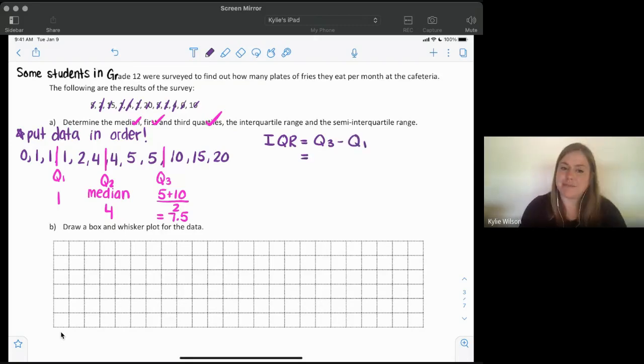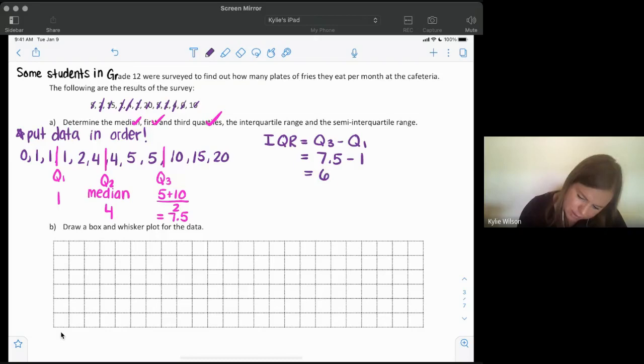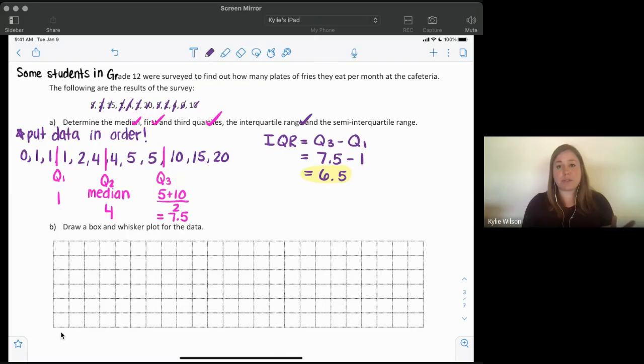Q3 is 7.5 and Q1 is 1, so our interquartile range is 6.5. That's the interquartile range. 50%, or the middle part of our data, is 6.5 away from each other. So there's a range of 6.5 in the middle of our data.